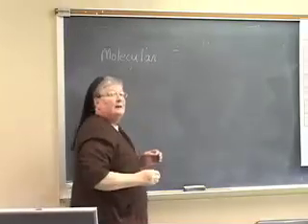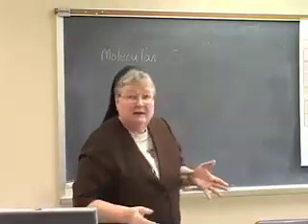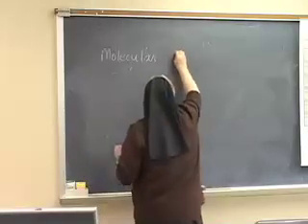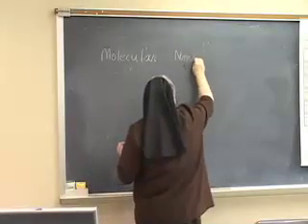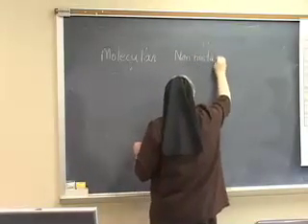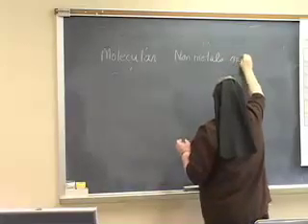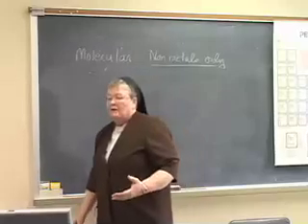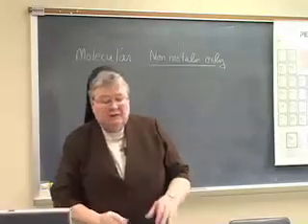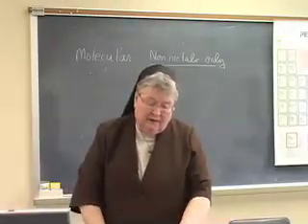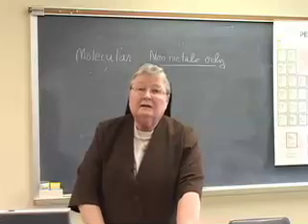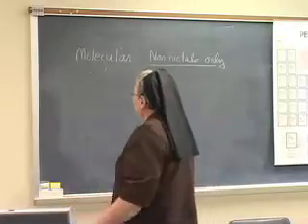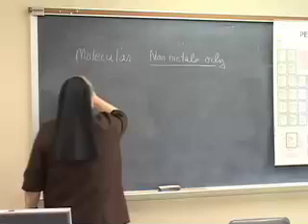Let's remember, a molecular compound only contains nonmetals. Nonmetals only. So in the case of molecular compounds, we're going to be able to tell the subscripts by giving them a name.